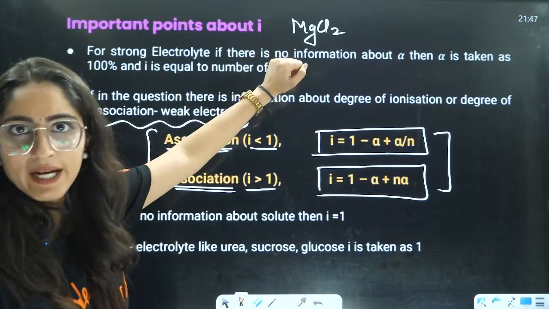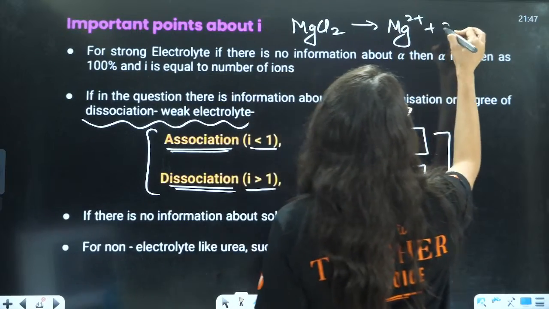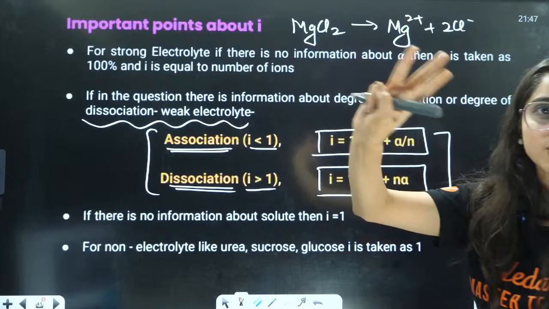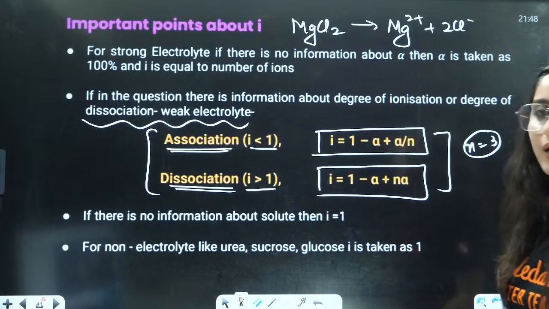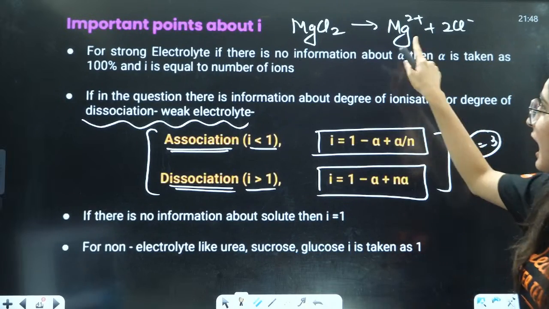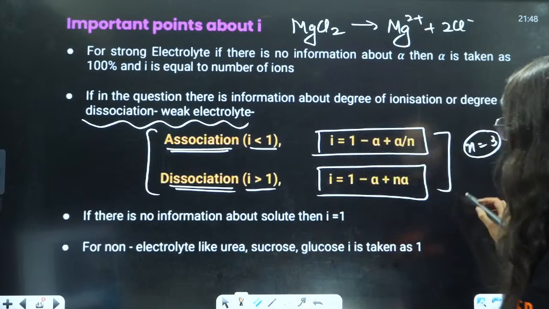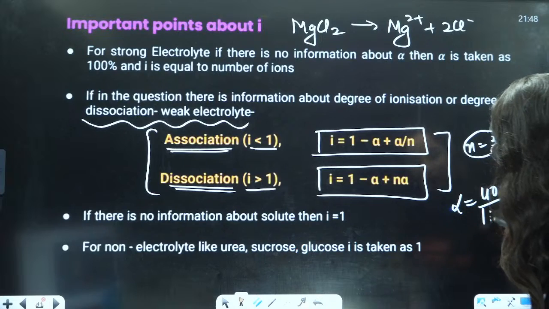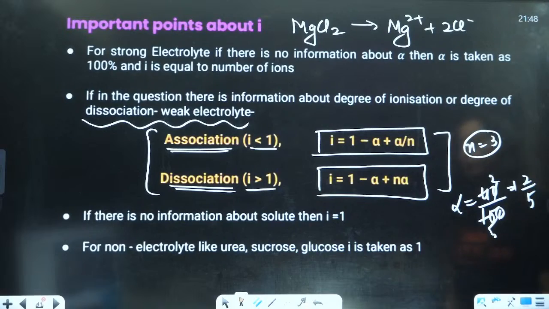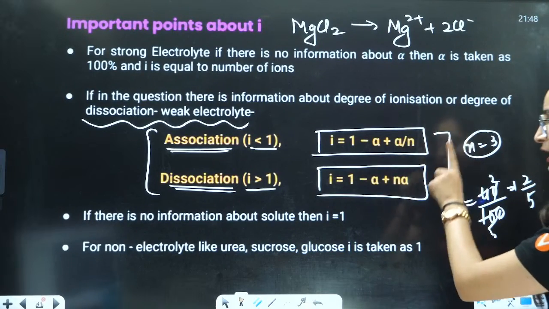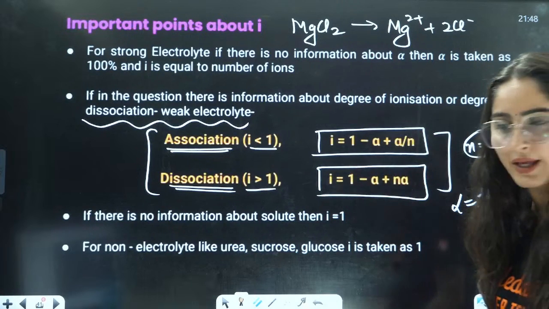We know the number of particles it will dissociate into is Mg2+ and 2Cl-, that is 3 particles, so n will become 3. And for example, they have given you alpha as 40%. That means 40 by 100, which is 2 by 5. So you will put the value of alpha and the value of n here, in the dissociation formula, and you will get the value of i from there, right?